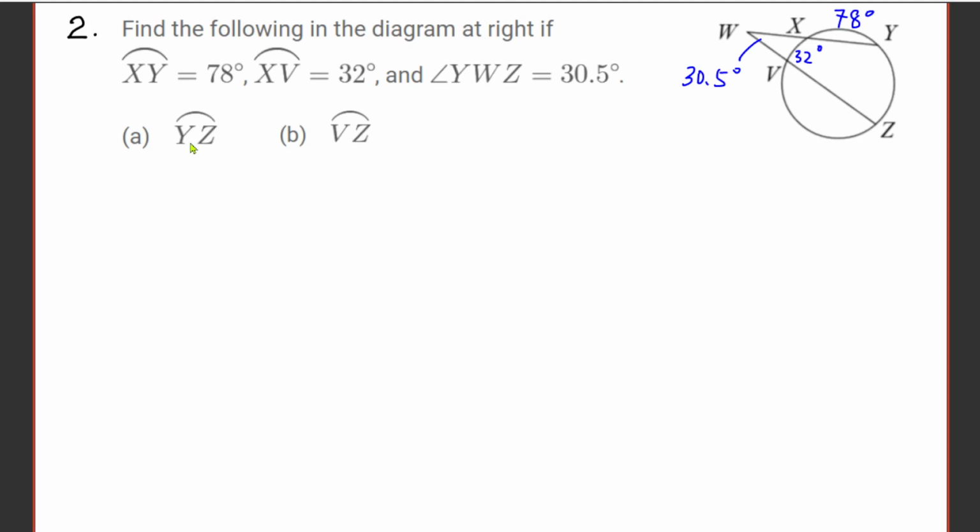Okay, we need to find A, the measure of arc YZ, which is here, and then the measure of arc VZ, which is this arc here. Okay, first question. Since we know angle YWZ equals 1/2 of the difference between arc YZ and arc XV, right?